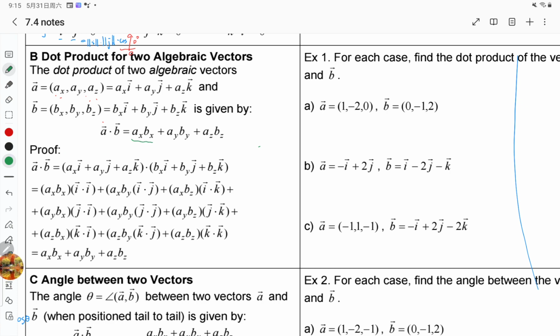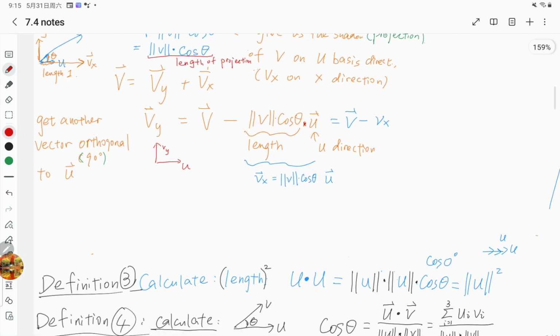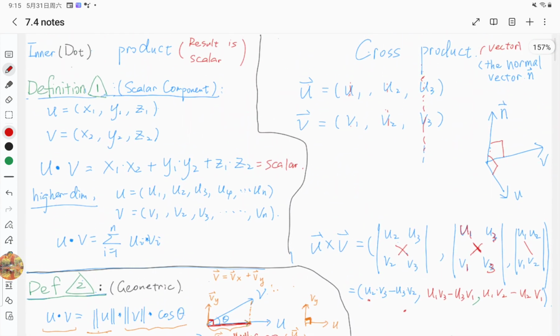For the x, again, the inner product is a scalar, just ax times bx, and then ay times by, and finally az times bz, right here. Provided your dimension is 3, if you have the third z coordinate, right? Exactly like we mentioned first, right?